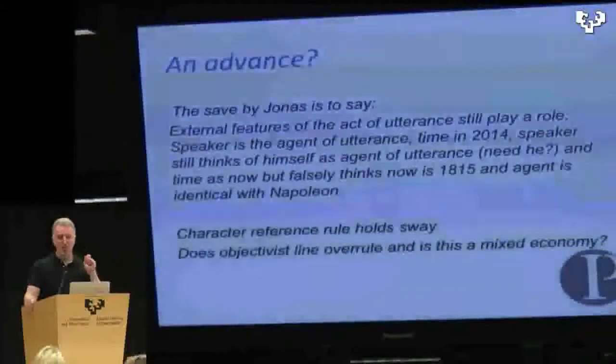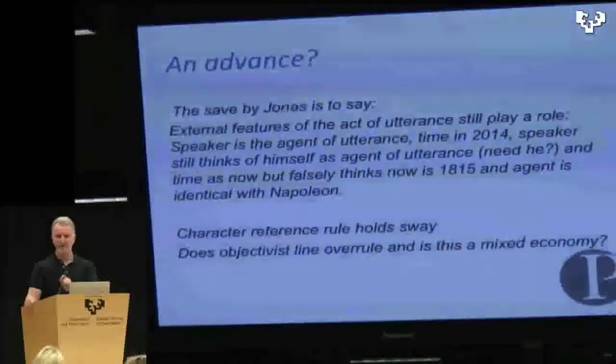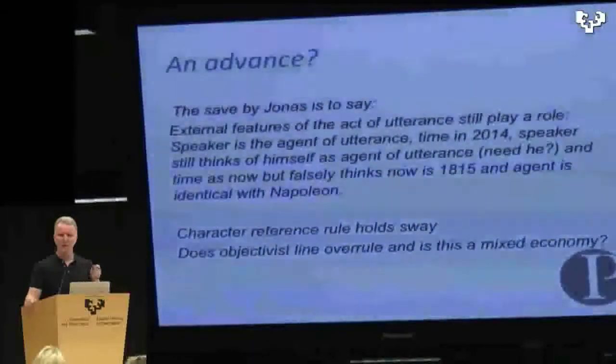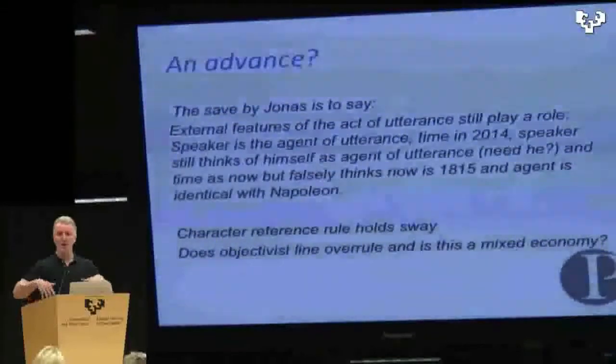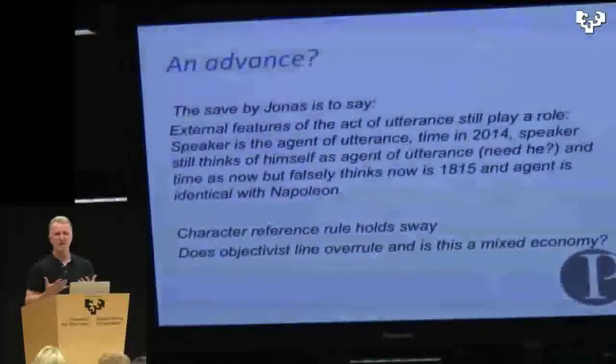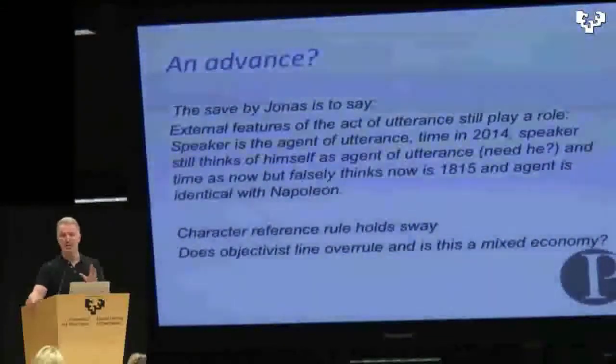Now, strictly and literally, they are still the agent of the utterance as an objective fact, but that's not how they're thinking of it. So if we want to get these objective features all psychologically coded up to be inside the conception of the situation that the speaker has, it's not always going to solve all the cases, okay?